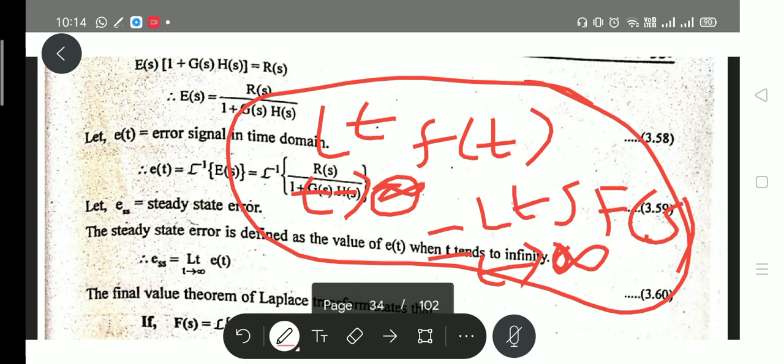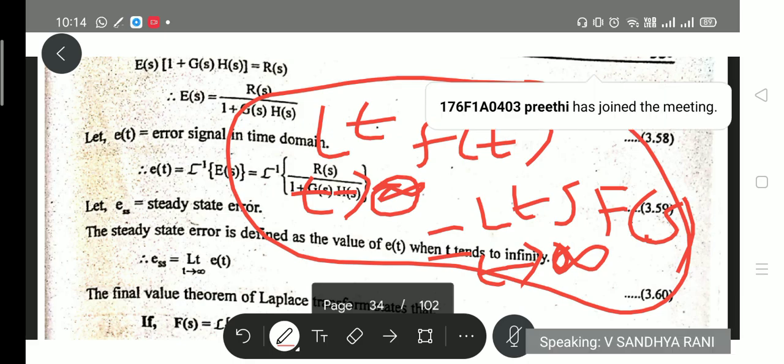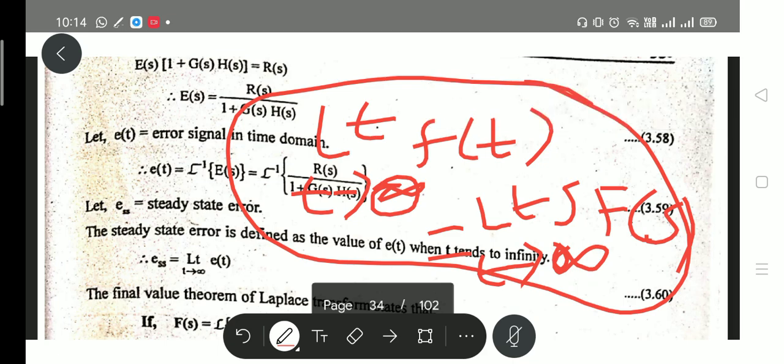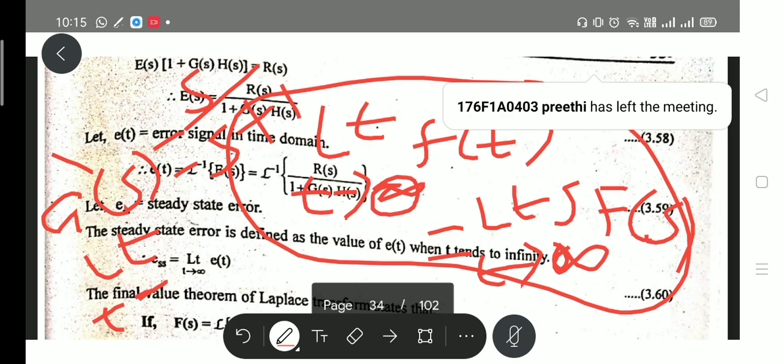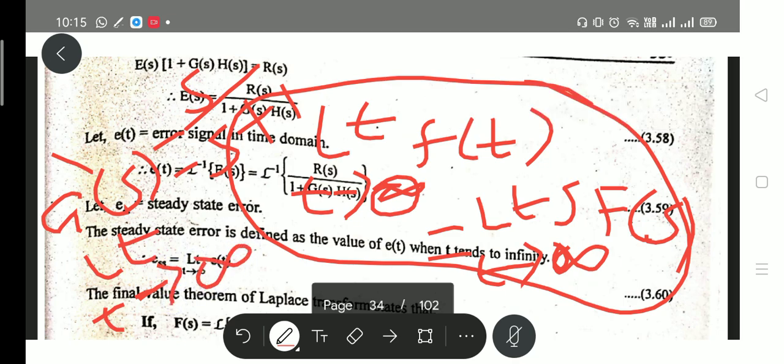I am taking one example from this. For example, G of s is 1 by s plus 1. Taking the initial value theorem first, limit s tends to infinity of s by s plus 1.